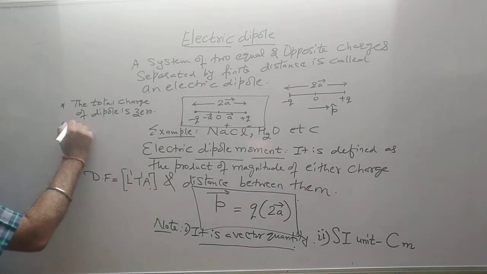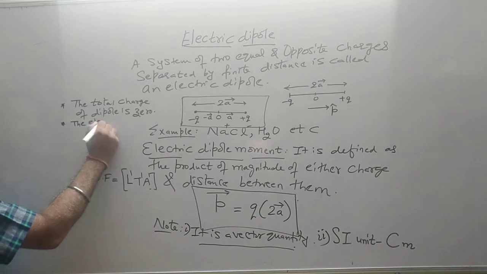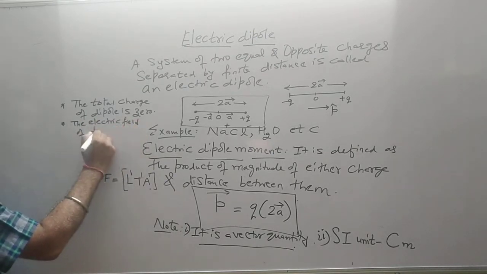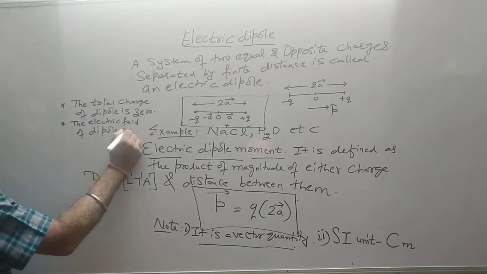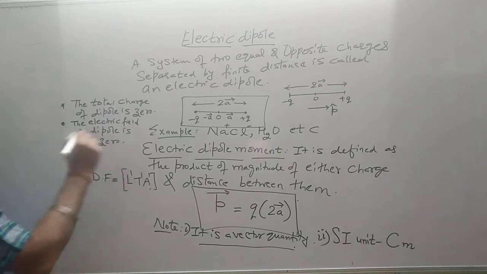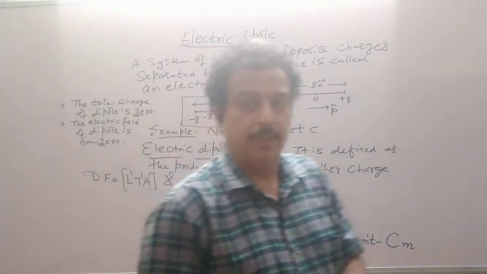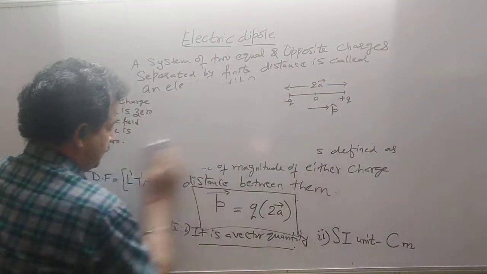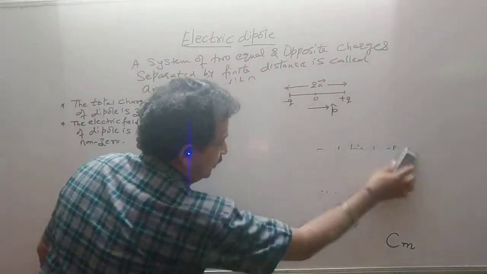But the total electric field of a dipole is not 0, it is non-zero. So the electric field is not 0, but the total charge is 0. Now why is the electric field not 0?